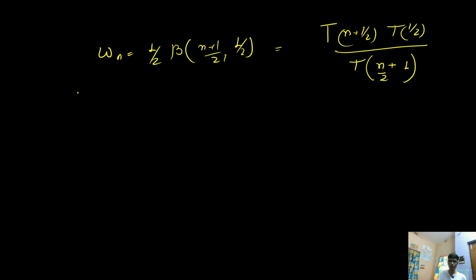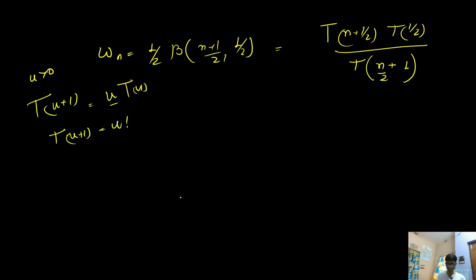Okay, now you also know this particular result, if u is a positive number, gamma of u plus 1 can be written as gamma of u into u, and this particular result can also be written as factorial u.